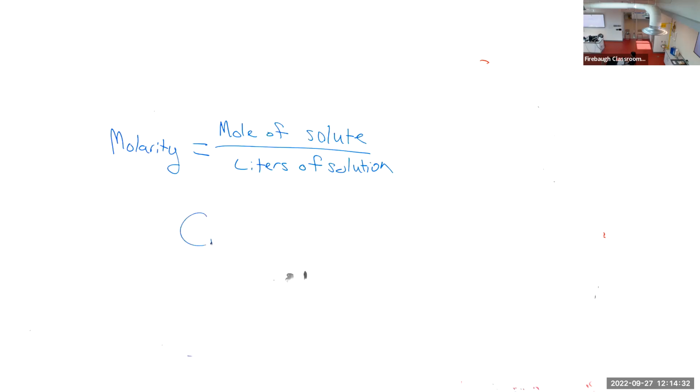Now when we go through that process, we have C1 V1 equals C2 V2. Same concept, where C represents concentration. V1 represents the volume of our initial.